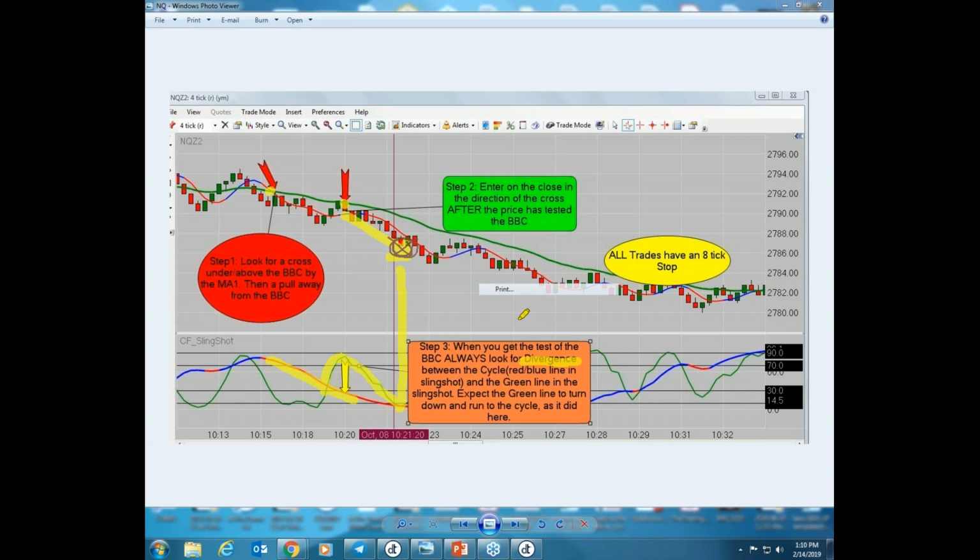Because what we expect to happen, the green line pulls away, goes into the cycle, pulls away, goes into the cycle, until that cycle now is not red, it's blue, suggesting now we're in a bull market, and then the green line is below it and creating bullish separation or bullish divergence.